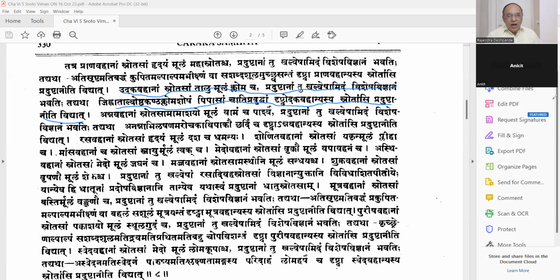First, jivha shosha. Can you see? Jivha shosha. This shosha word is applicable to jivha, talu, oshtha, kantha, kloma, shosha. So that is a suffix. So please write down jivha shosha.